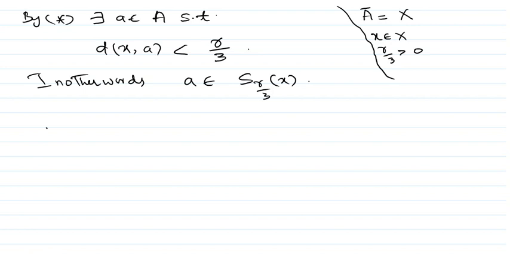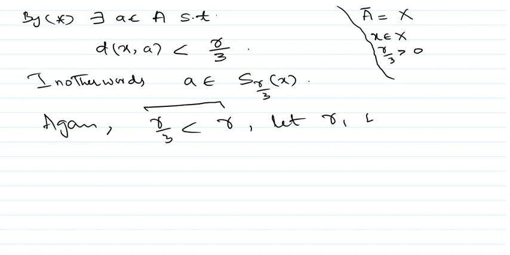Again, we have that r by 3 is less than r, so there are two positive real numbers, and we can choose a rational number between them. So let r1 be a rational number such that r by 3 is less than r1 is less than r.